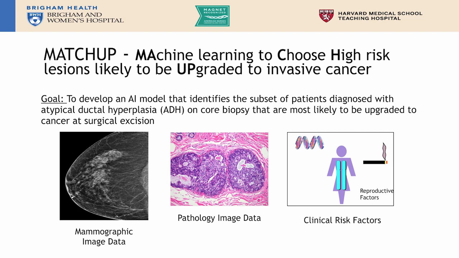We all know computers are getting smarter than we are, and so we are using artificial intelligence, which you'll hear about later from Dr. Lehman in her work, but we're trying to use mammographic data images, pathology images, and then our clinical risk factors that we collect from women like yourselves in our program to see if we can generate computer algorithms that actually help us identify which women with ADH really need to have that surgical biopsy and which women don't, so we can try to avoid those unnecessary procedures.